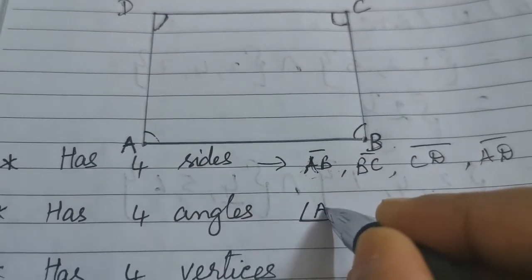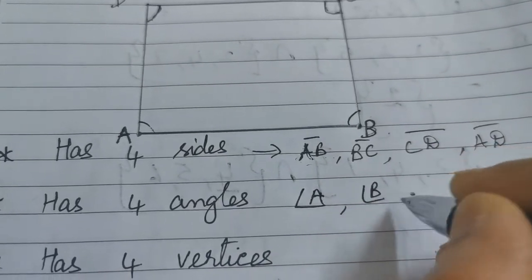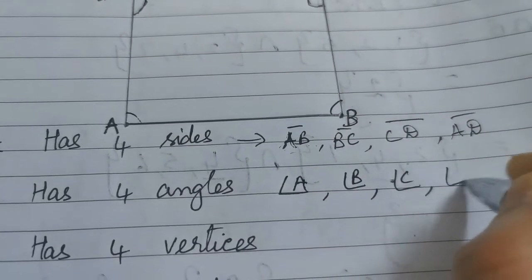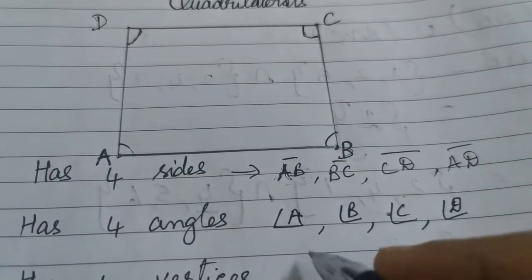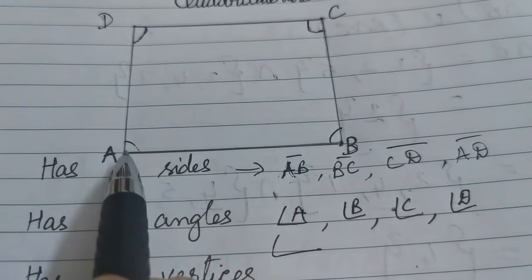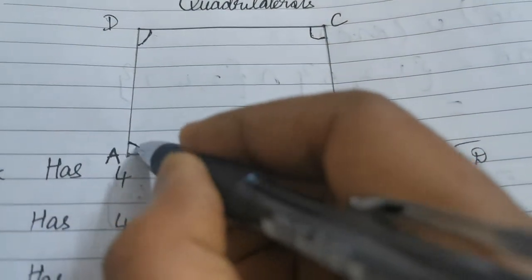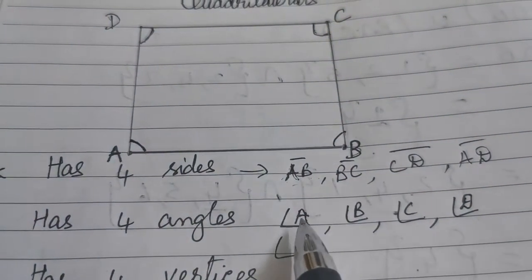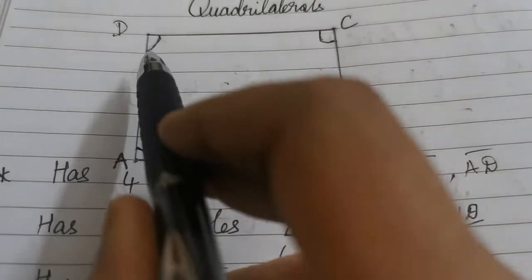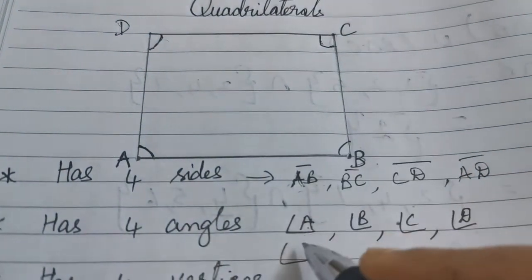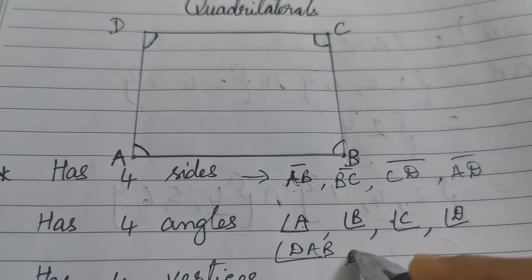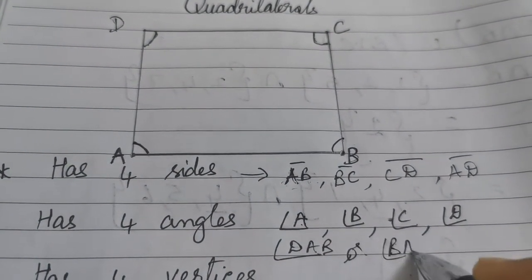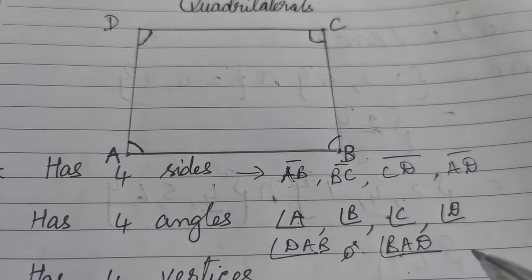Or if you are representing this angle, you can write it either as angle A or DAB or BAD.